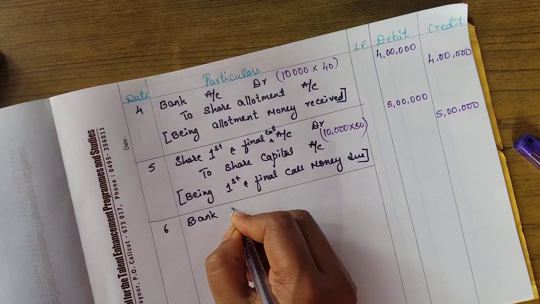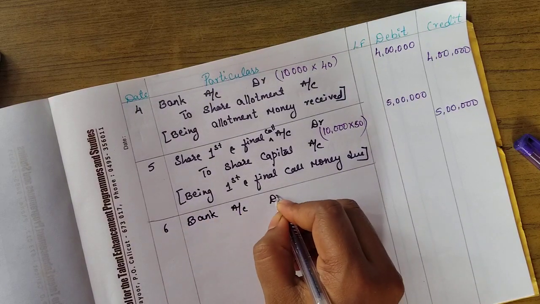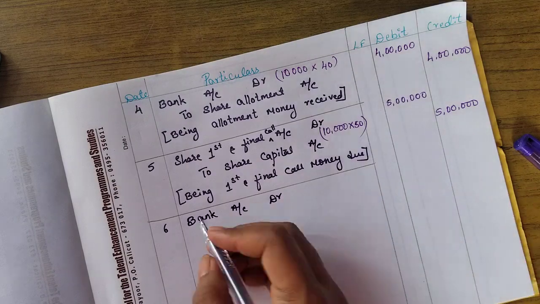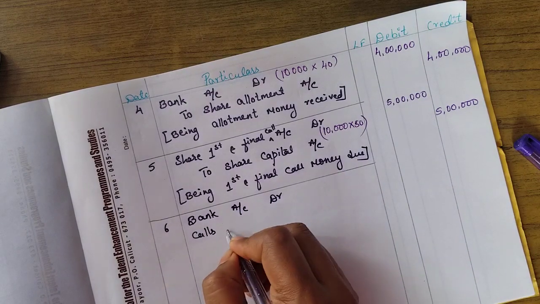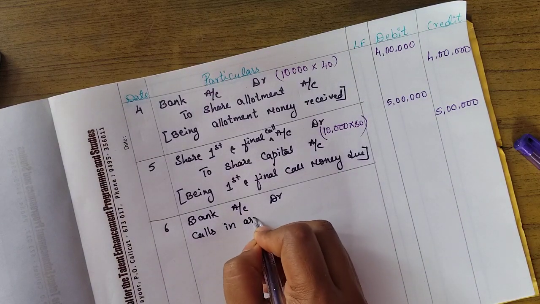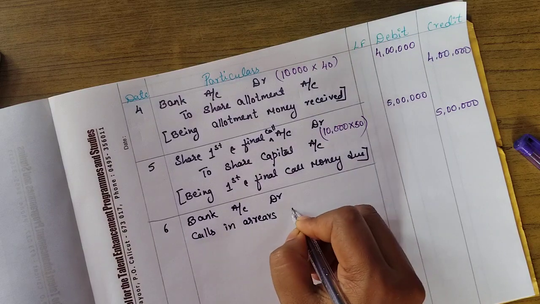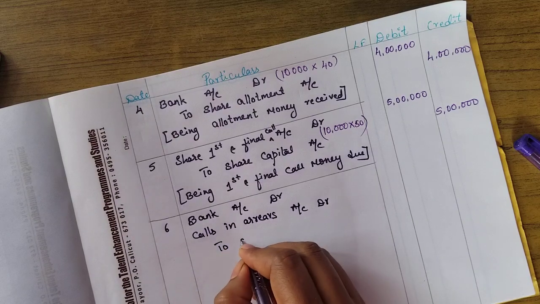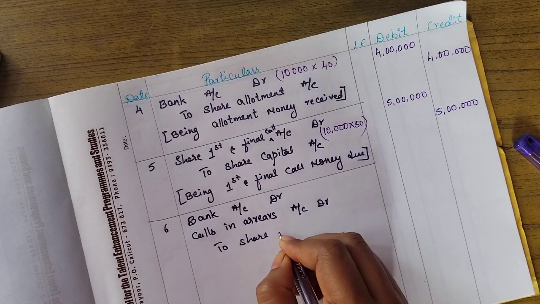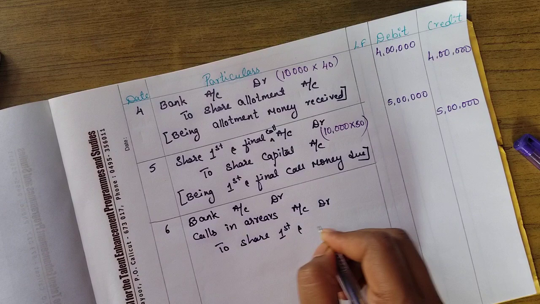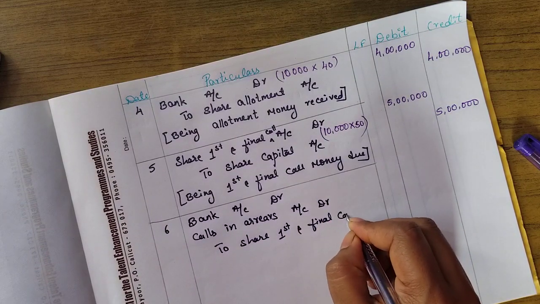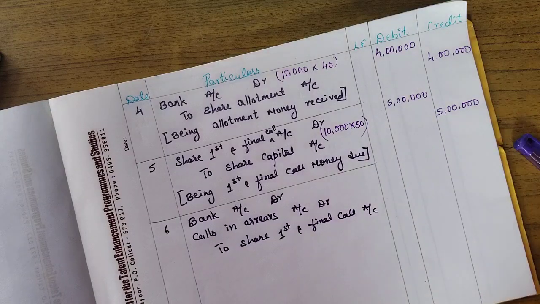So when they are receiving the call money, obviously bank account will be debited. And they have clearly given in the question that 2,000 shares were not paid. So calls in arrears is created. Calls in arrears account debtor to first and final call account.